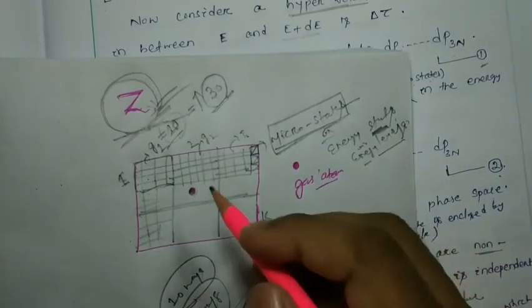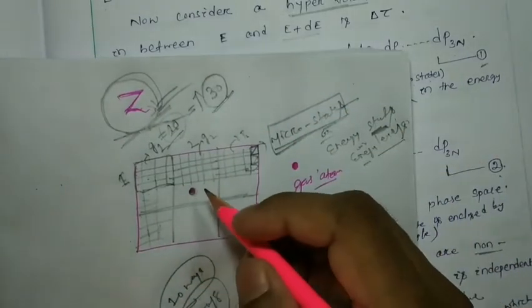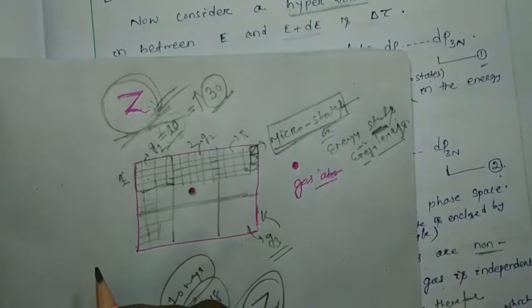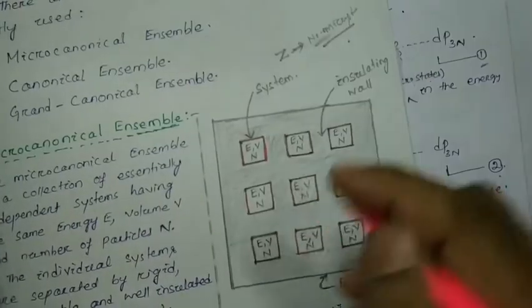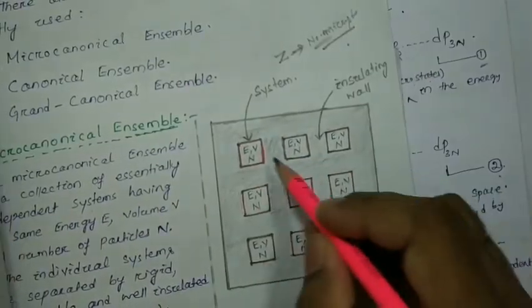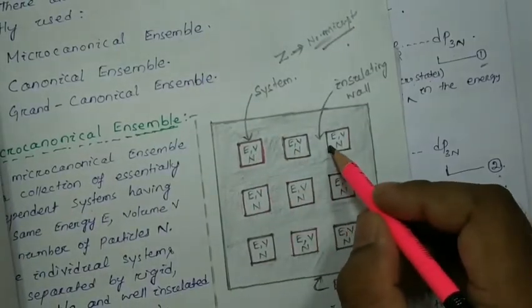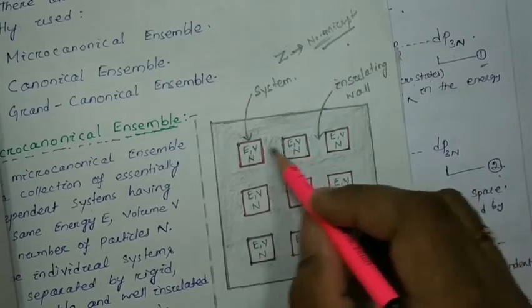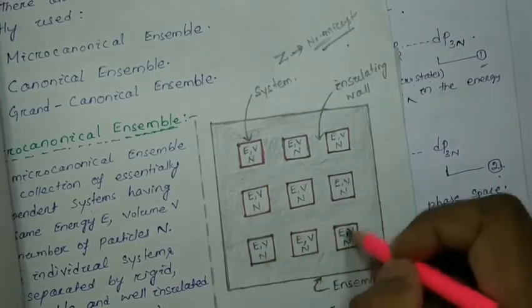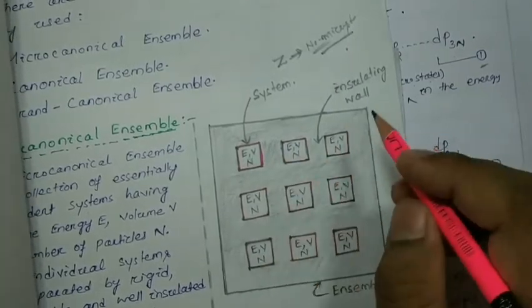In the case of the microcanonical ensemble, what we discussed is that the number of separated systems or phase points is nothing but your microstates, because they are not linked with each other thermally. Energy is not exchanged. These are separated points, separated energy levels.